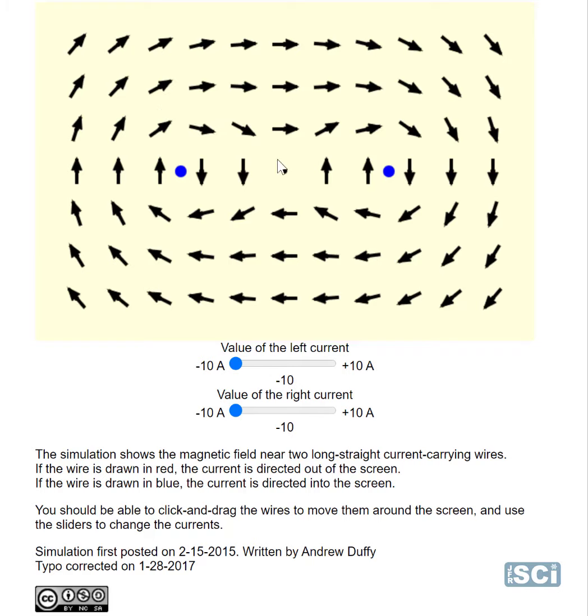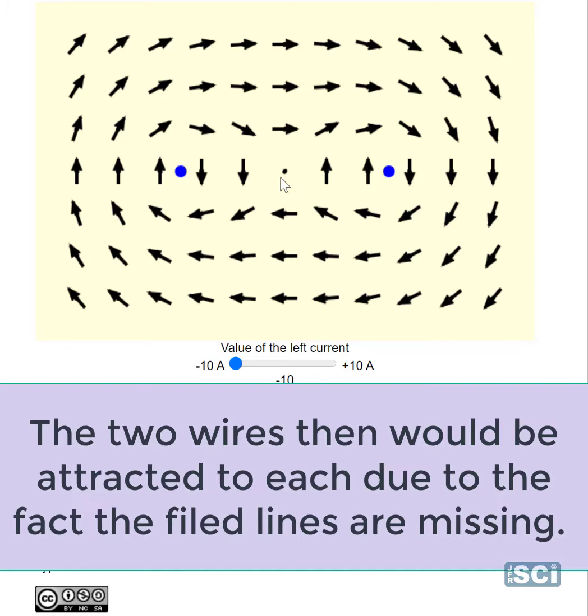So if we think about what's happening when we come to the middle here, on the left wire, we have the magnetic field acting downwards. And on the right wire, we have the magnetic field acting upwards. So the upwards vector and the downwards vector would add to have a magnitude of 0. So you'll notice that if you have wires that are running in the same direction, parallel to each other, the magnetic field directly halfway between them will sum to 0.